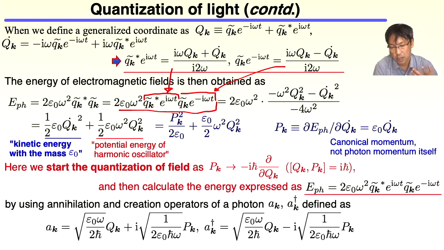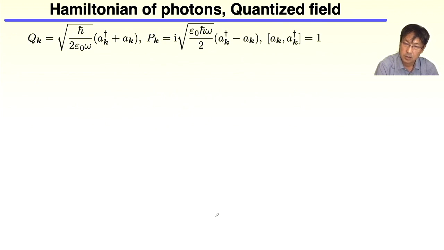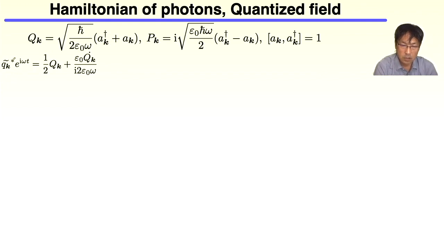We need to express the large qk by using the annihilation and creation operators of photon ak and ak dagger. Then we can understand that qk is expressed by using ak and ak dagger after the simple calculation. Then we can calculate this quantity by using the annihilation and creation operators, because this quantity can also be expressed by using large qk and large pk.